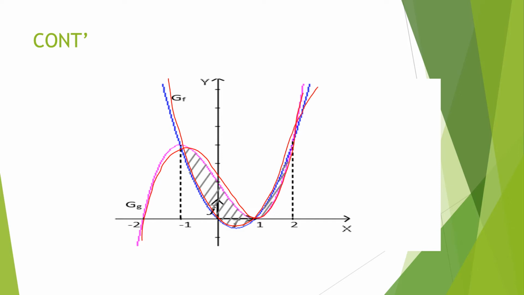We have the limits of integration, the values we got before from the intersection of the two curves: negative 1, 1, and 2. So we have the region included between the two curves between negative 1 and 1, this one, and another region from 1 to 2.